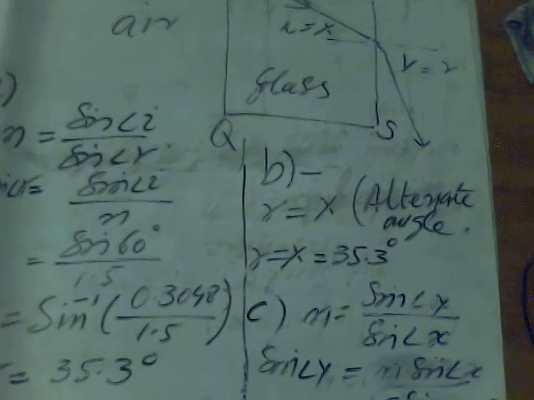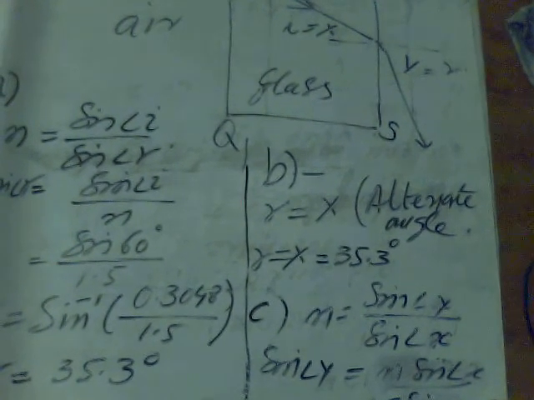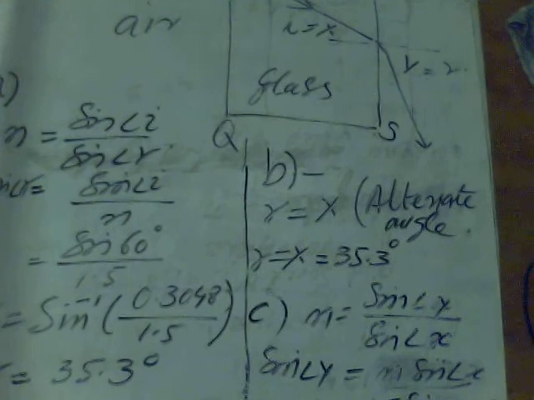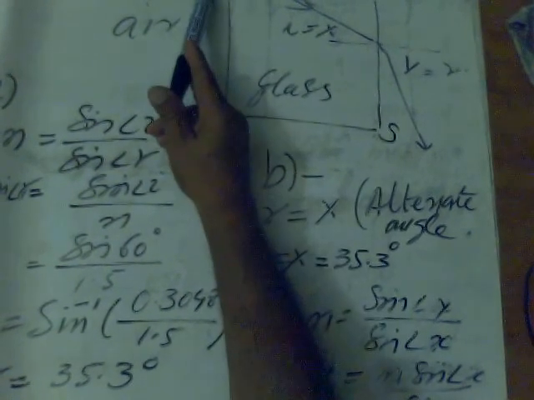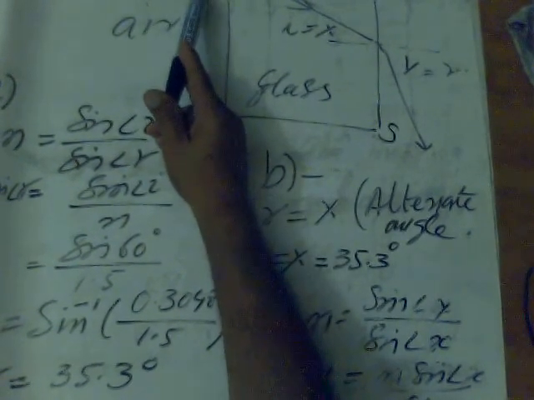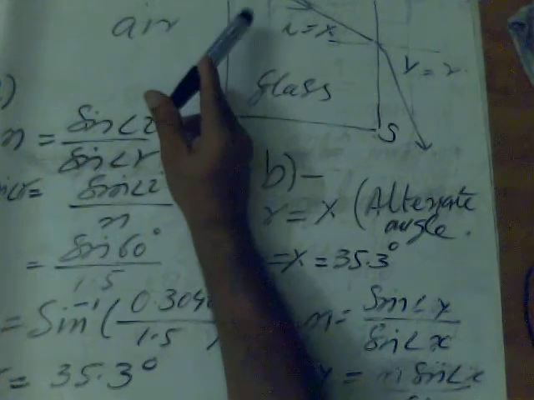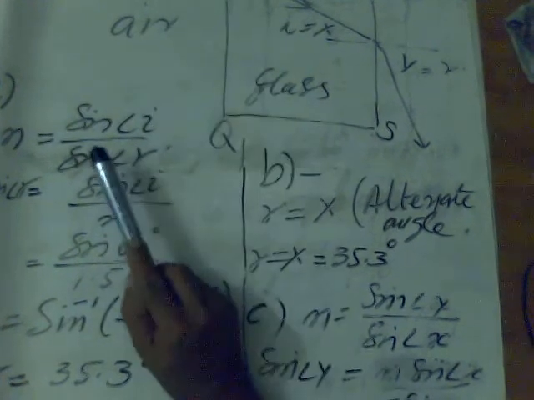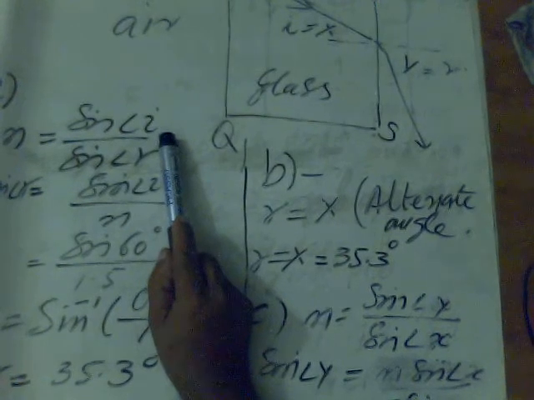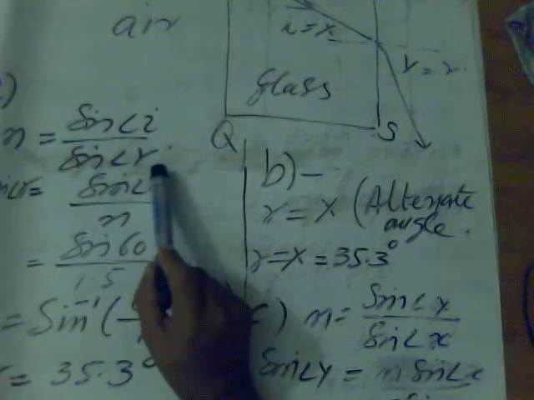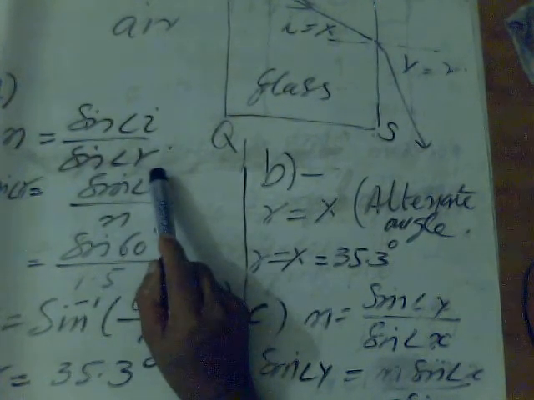So my dear students, you have learned two main things: the formula for the refractive index when the light enters from rare medium to denser medium is that the angle of incidence comes on the numerator place and the angle of refraction comes on the denominator place.